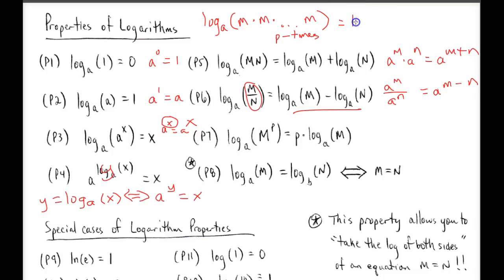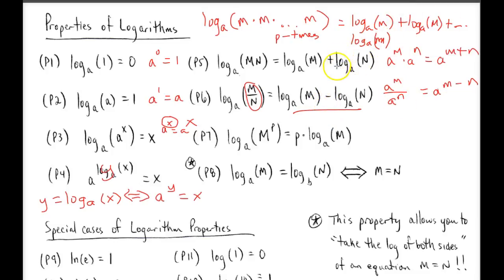Then of course this would be log base a of m plus log base a of m, and then we just keep on going until we get to the last log base a of m. If we did this p times, then if we count all the log base a of m's, we would have p of them.